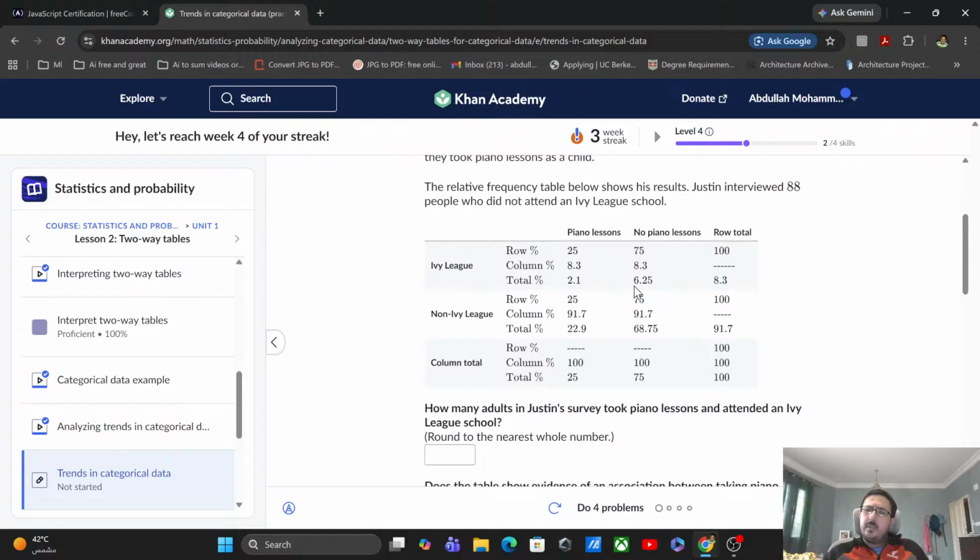Look at this, 6.25, meaning out of the 100, all of it. This is 8.3, but out of the 8.3, which is 8 people, am I correct? It's not 2.1% out of the 8.3.